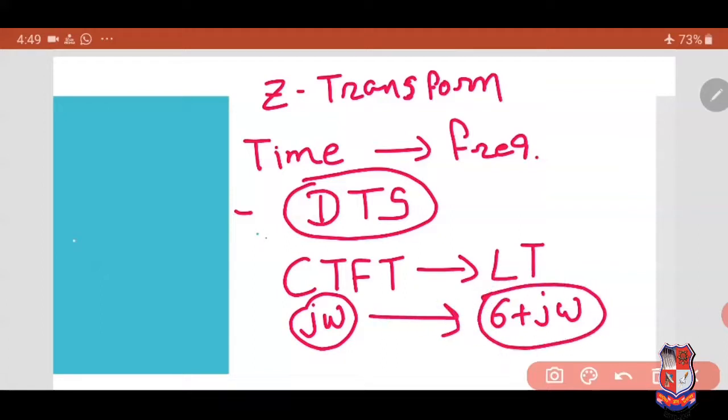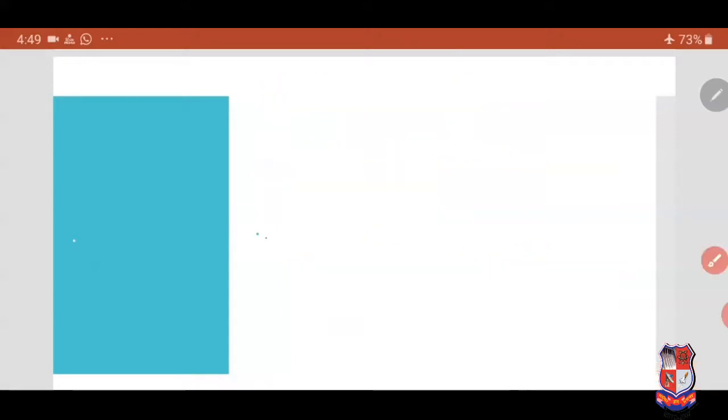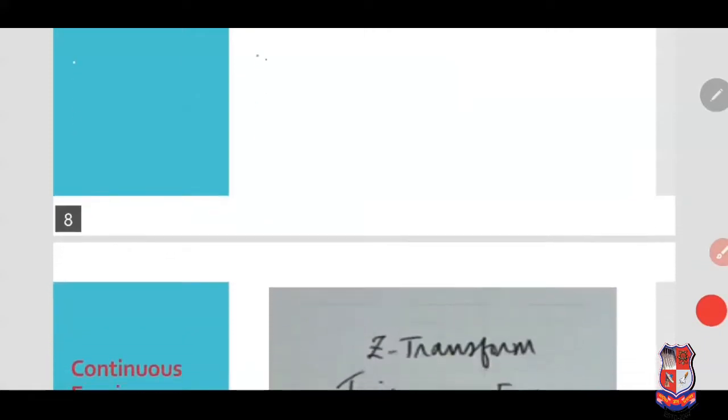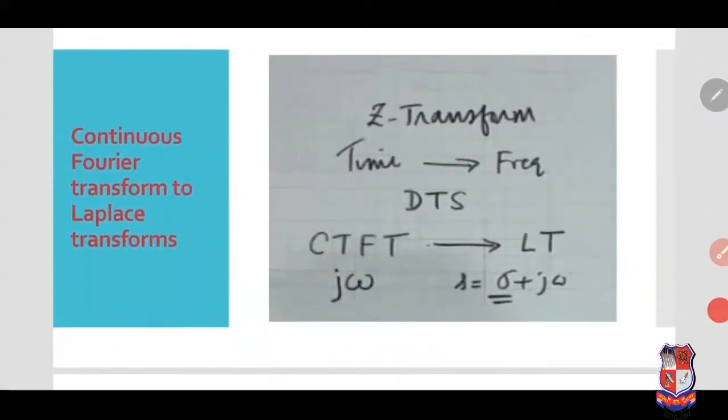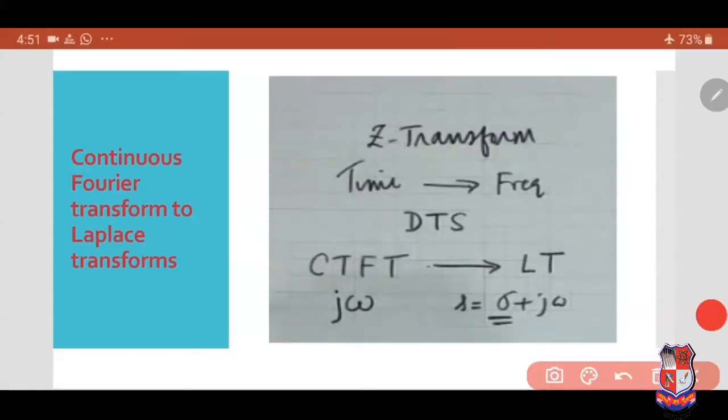We will understand this in a better way. I will show you how it works. Now we will see this in detail. What I try to make you understand is that we are working on the Z transform, which is applicable only to the discrete time system.